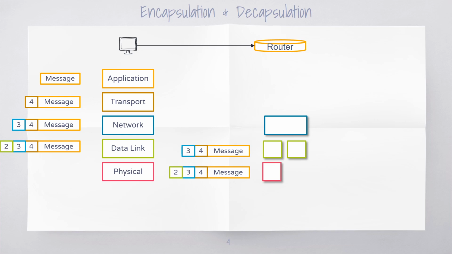So when we consider header 2, it had information of this host as the source and the router as the destination. But now the router will be the source and the next router or the next device on the path will be the destination. That is why once again the encapsulation happens. It will add its own information and send it to the physical layer for transmission.